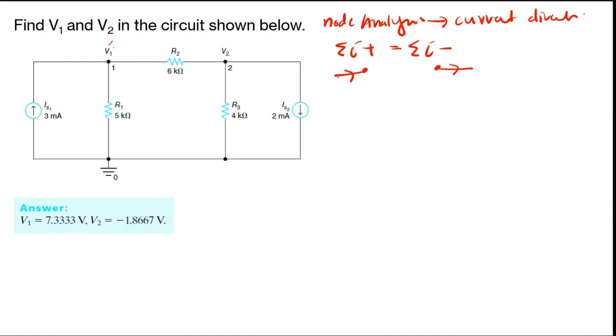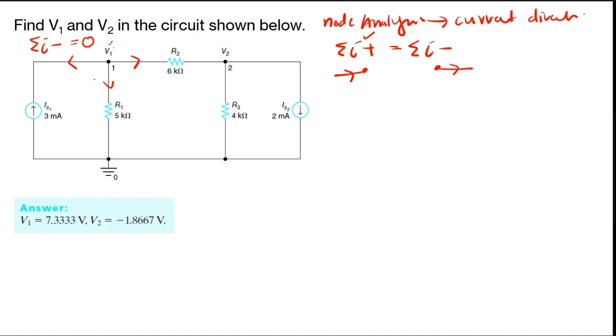If the current is entering the node, we call it positive, and when the current is leaving the node, we put it as negative. Let's say for this example, all the currents are leaving the node, so you only have negative currents equal to 0, because you don't have any positive current.